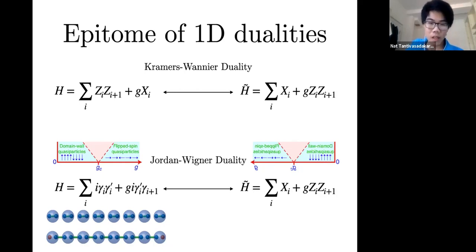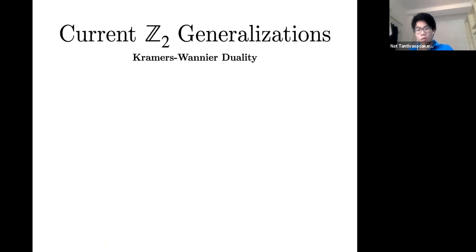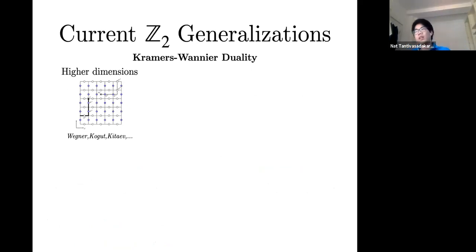Now, there have been several generalizations to higher dimensions for both Kramers-Wannier and Jordan-Wigner dualities. For Kramers-Wannier, you can do a similar duality in higher dimensions. For example, in 2D, if I take the 2D transverse field Ising model and dualize it, it gives me the toric code, where you can have a ground state which has topological order.